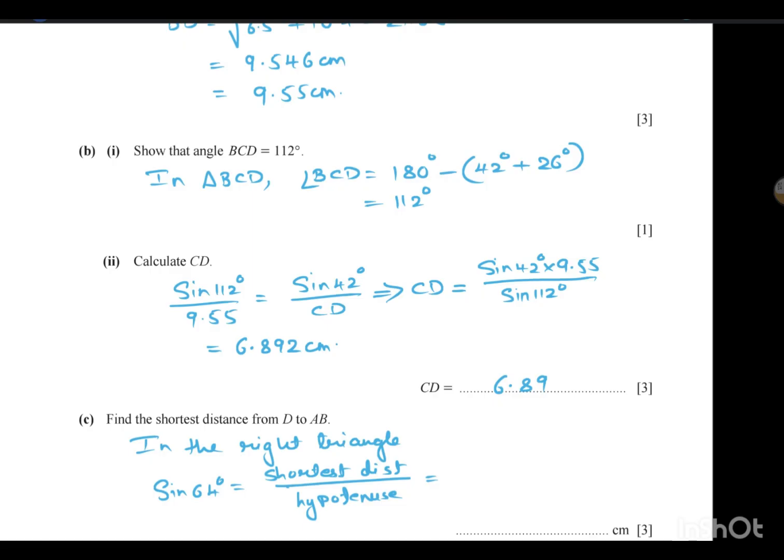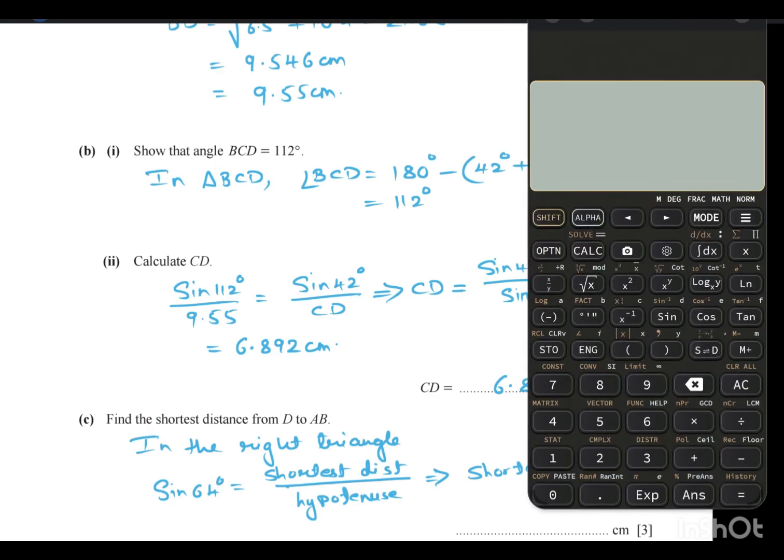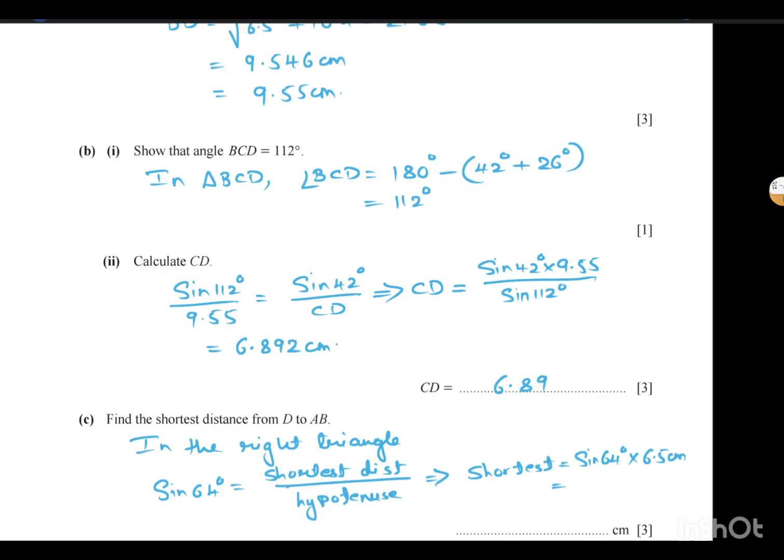Then finding out the shortest distance, we get sine 64 multiplied by the hypotenuse, which is 6.5. Find out. Sine 64 into 6.5, 5.842. 5.842 centimeters is the shortest distance. Question number C is done.